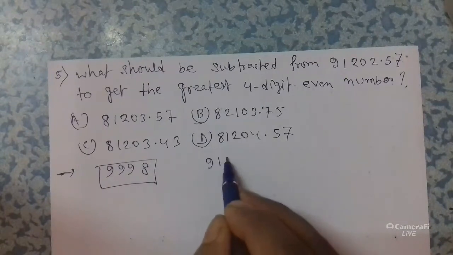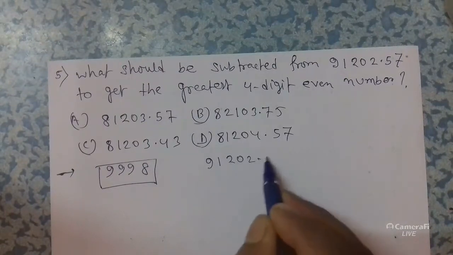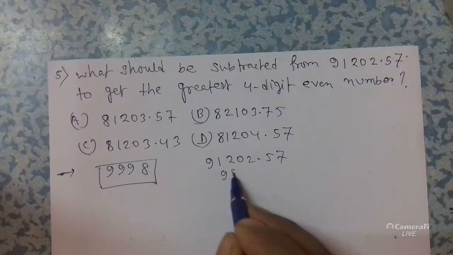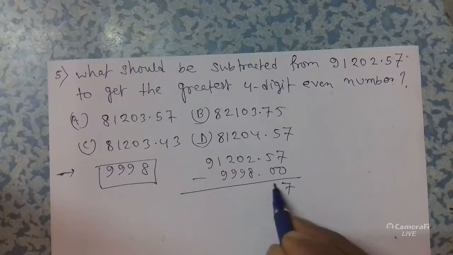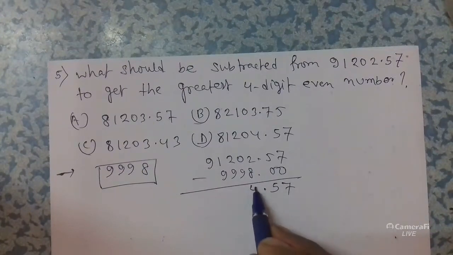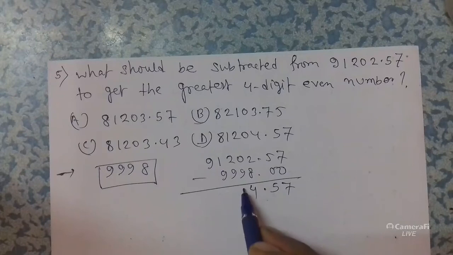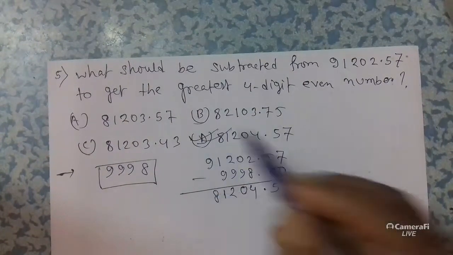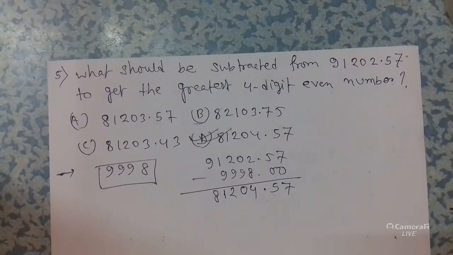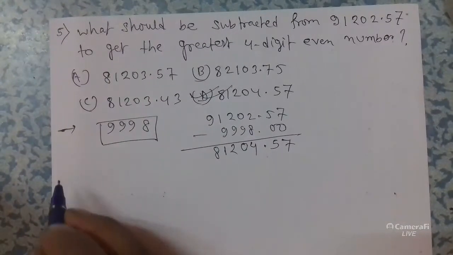So here we have to subtract 9998 from this number. So subtract it. So 81,204.57. So option D is the correct answer, students.